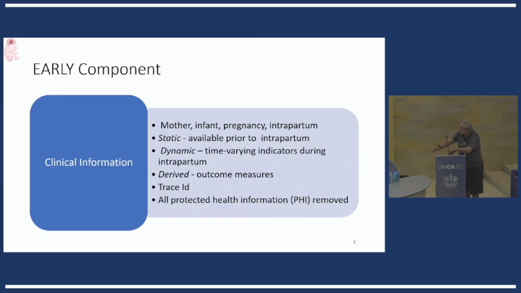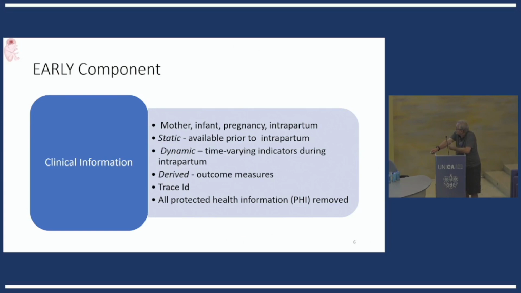So the clinical information was the mother, the infant, the pregnancy, and the intrapartum. We defined 2 types of information: static, that is information which is available at the start of labor, and dynamic information, which essentially is time-varying measures throughout intrapartum, including fever and questions about disease.